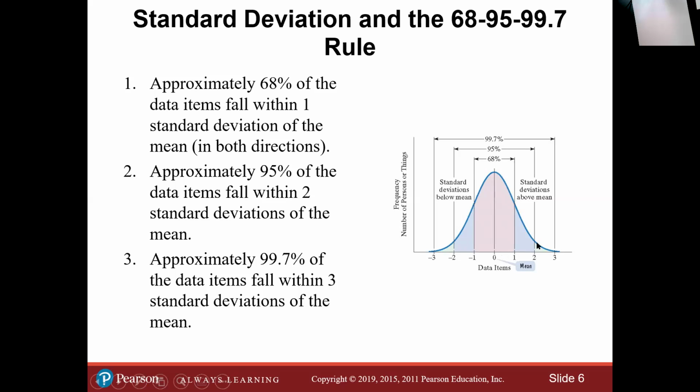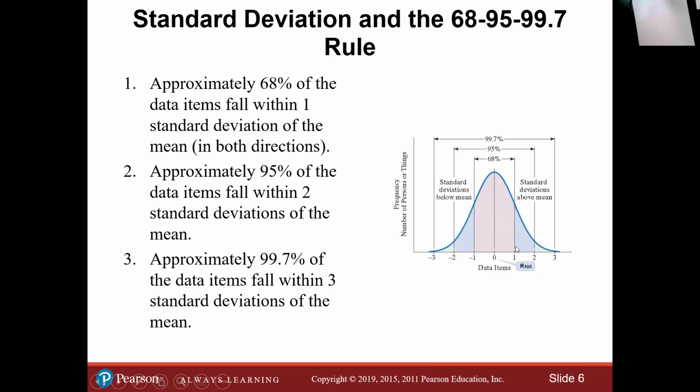If we look at the curve, from the center, 68% of data points are between 1 and -1 standard deviations. If we were talking about the heights example, 68% of people would be within 1 standard deviation.